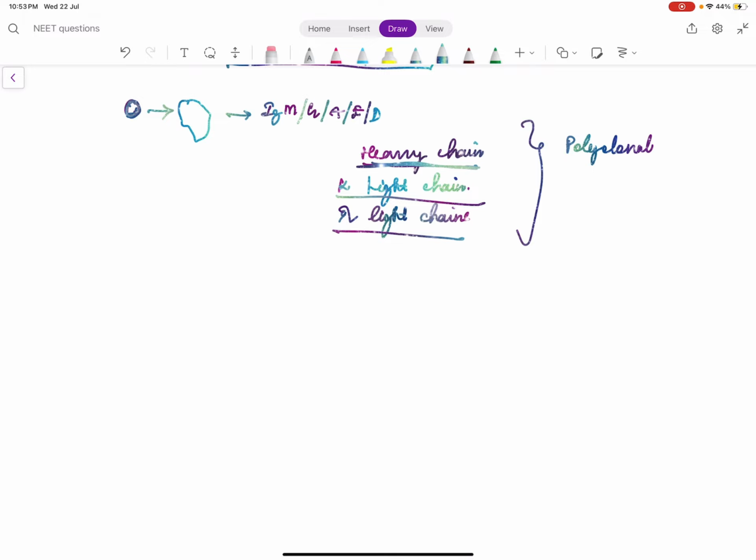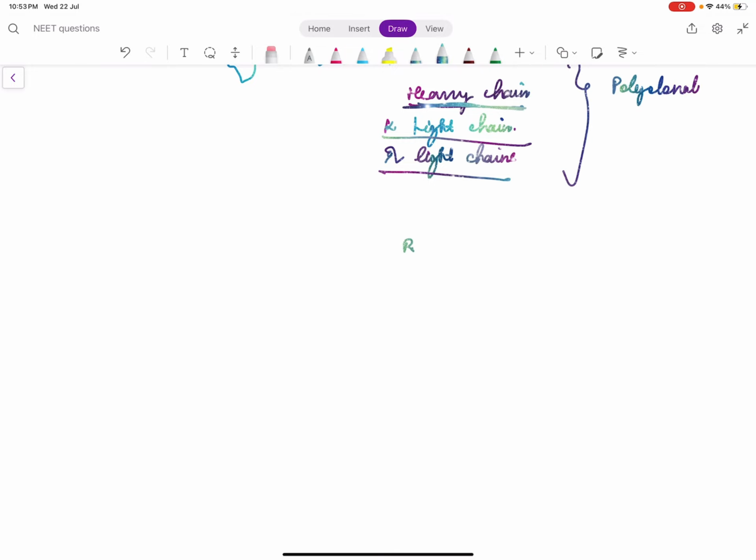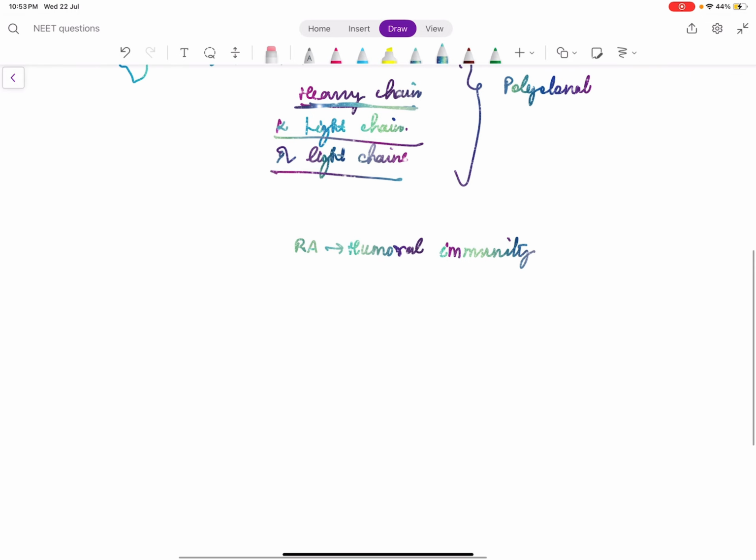For example, assume some conditions where B cells are more, plasma cells are more, and immunoglobulins are more. Remember, I told you about rheumatoid arthritis. It is a disease mediated by humoral immunity. Psoriasis is a disease mediated by cell-mediated immunity. So in rheumatoid arthritis, what happens? There are more B cells.